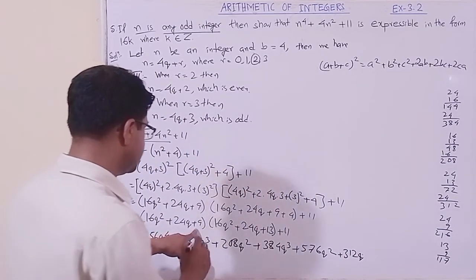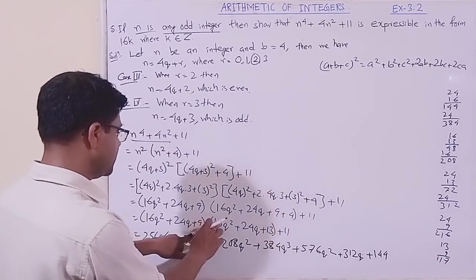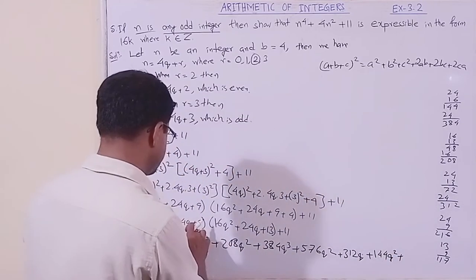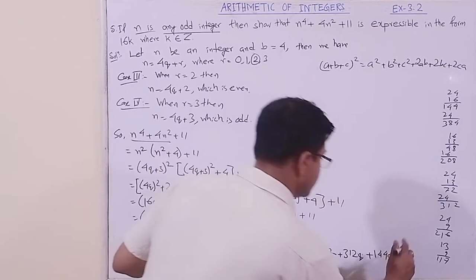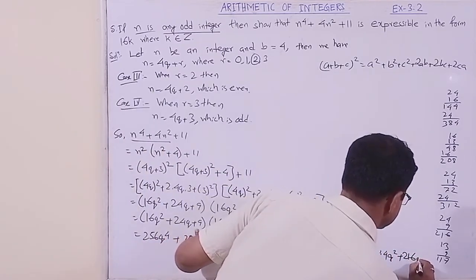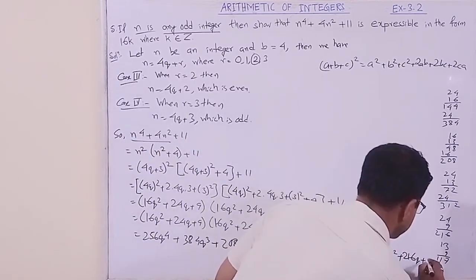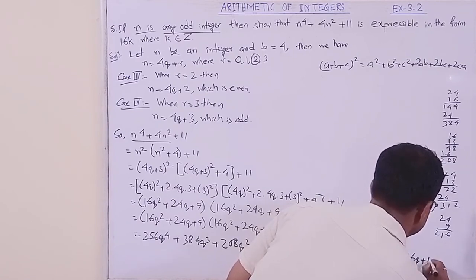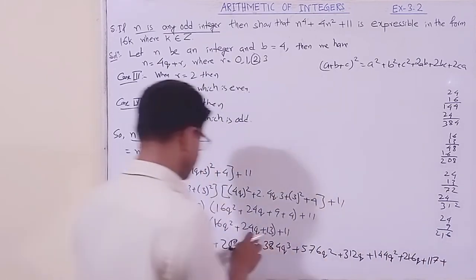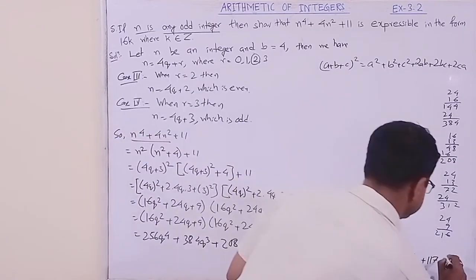Then with 9: 16 times 9 is 144q square, plus 9 into 24 is 216q, plus 9 into 13, which is 117, plus this 11.